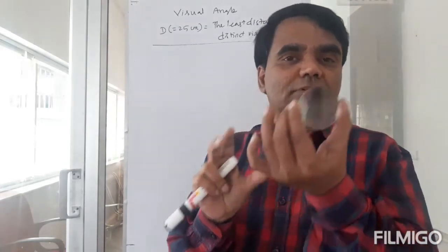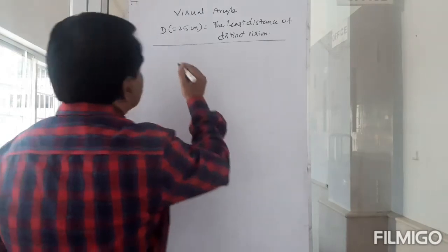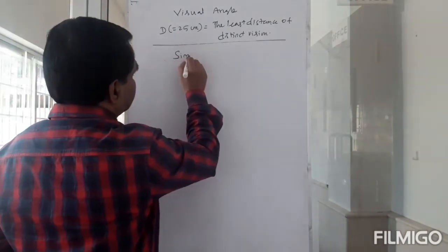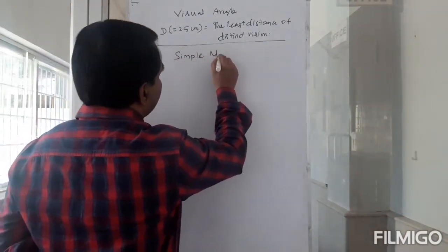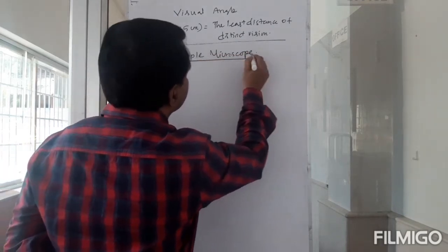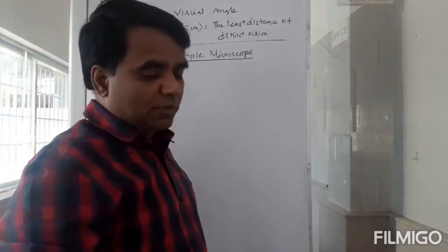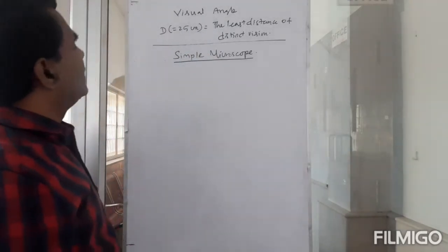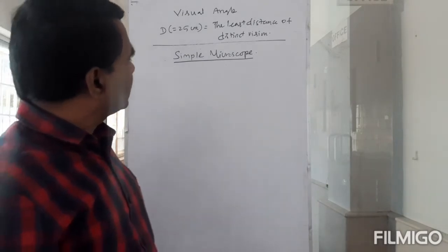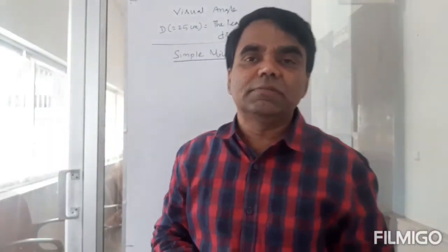That's basically a simple microscope. Which is simply a biconvex lens. Let's see, I can demonstrate that to you. You've seen this already.